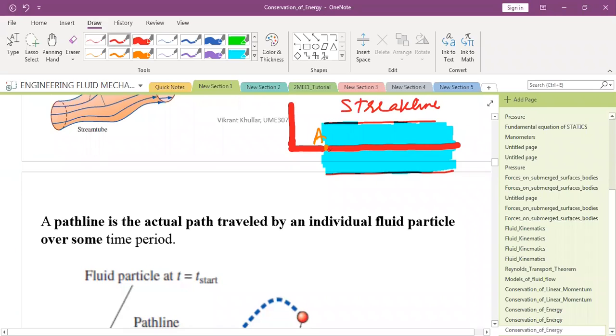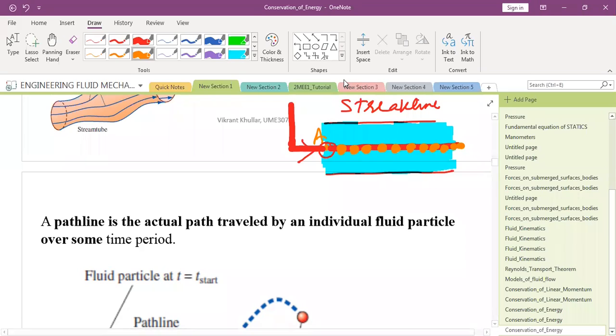That is, this is the locus of all the fluid elements that have passed through point A at some point in time. So this dye is going through A, so this line which you see, what is this? This is the locus of points, the locus of the path followed by each fluid element that has passed through A.